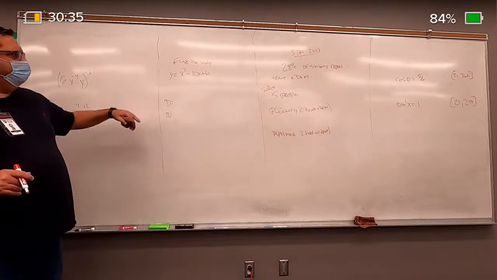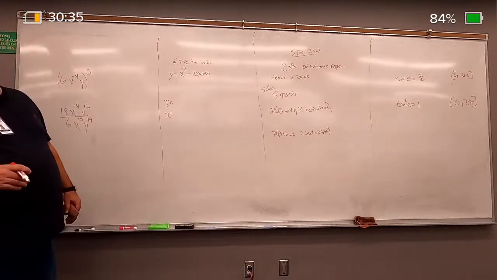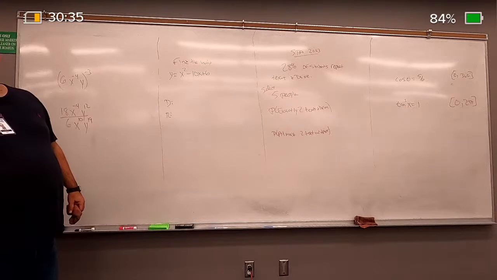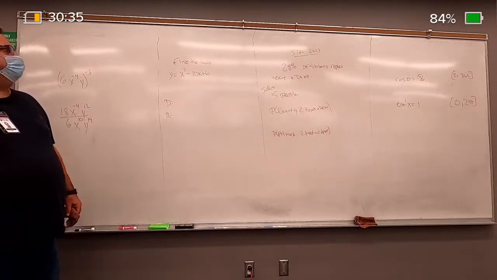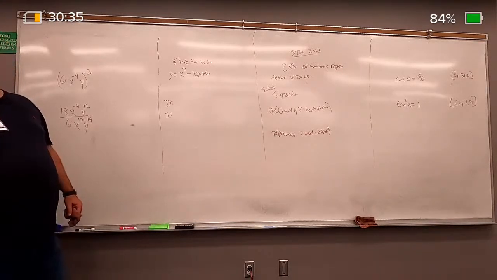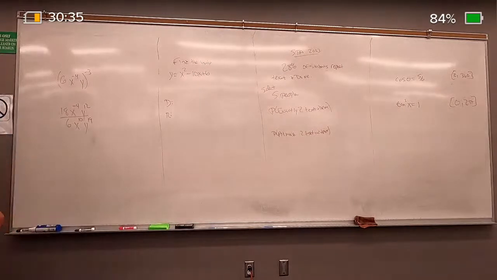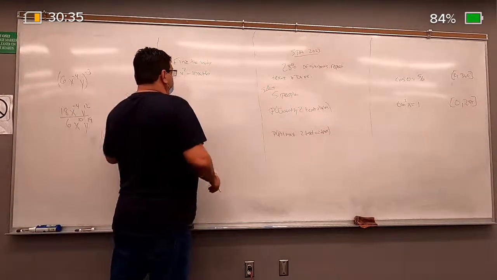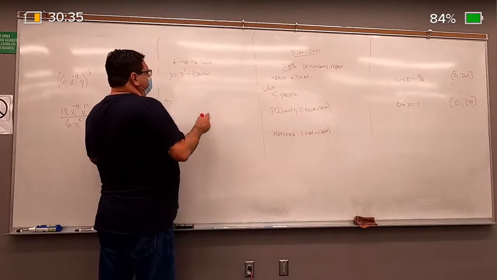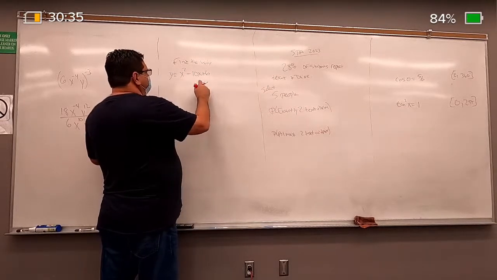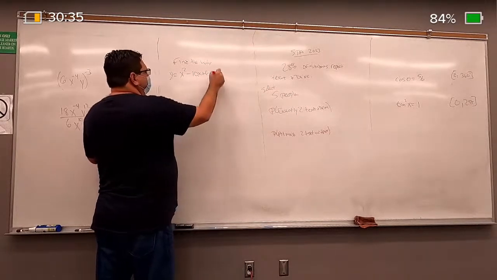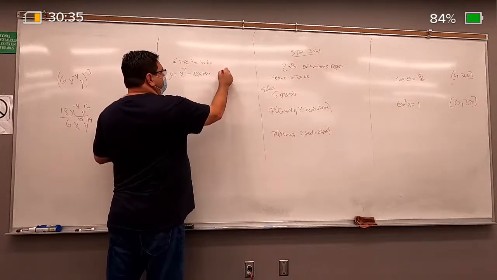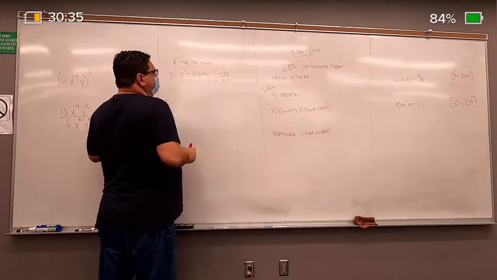All right. Vertex. What is it? Negative 10 to 6. Not quite. Casey, what's the vertex? I got 5, negative 19. It is 5, negative 19. So, Henry, the vertex is negative b over 2a.